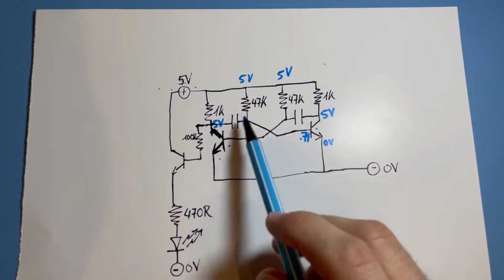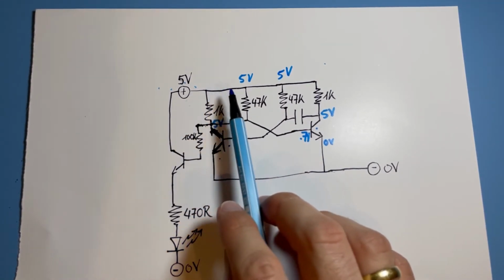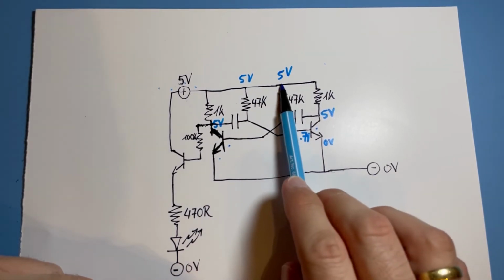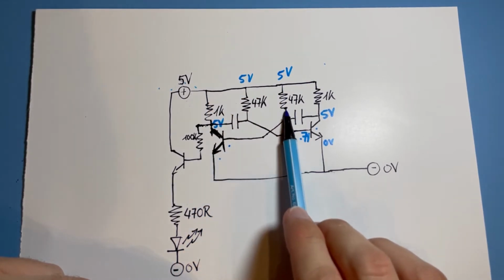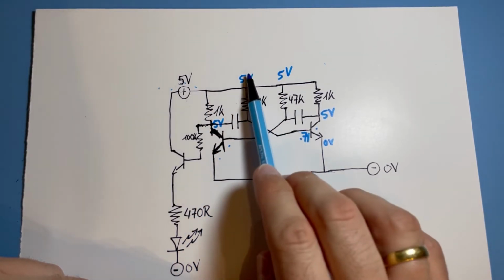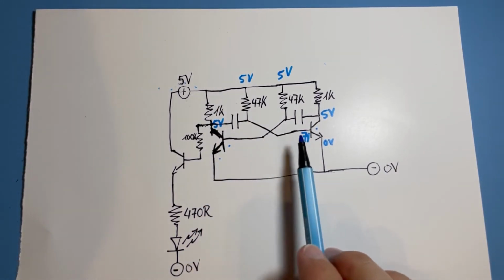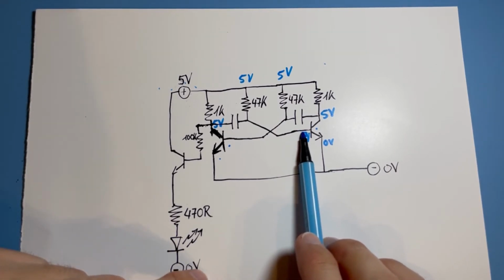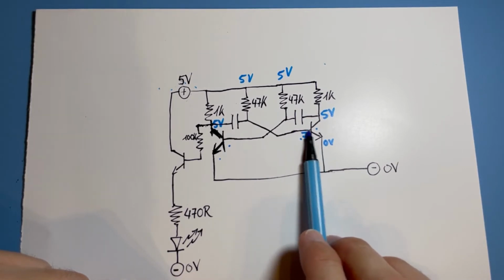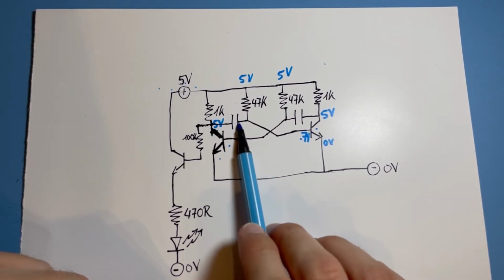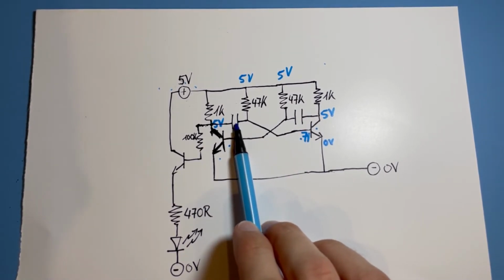But the thing is, because we have here a resistor and a capacitor, there is a kind of timed charging of this capacitor here, and also a timed charging of this capacitor here. So in order to reach the 0.7 volts that are needed to make the current go through this transistor, this capacitor has to be loaded to 0.7 volt. That's the effect of this capacitor.